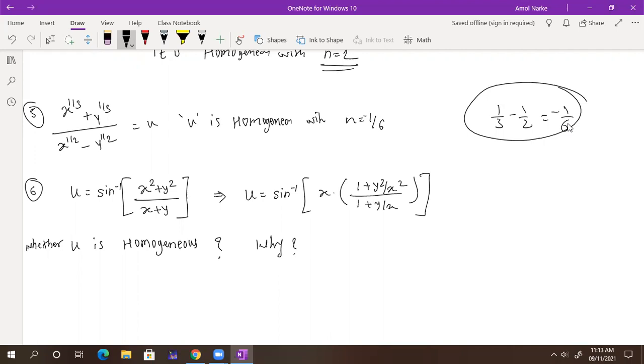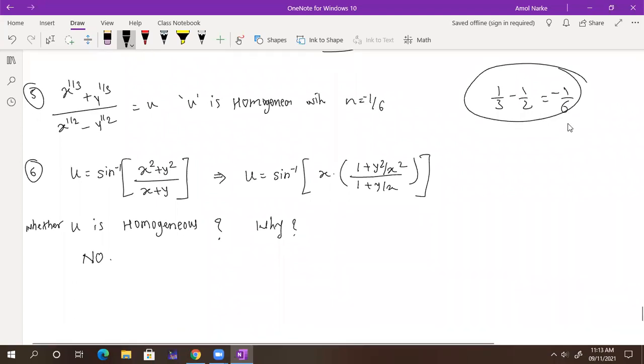Can you take that x outside of sine inverse? No, sine inverse is not a defined function that way. So whether u is homogeneous, the answer is no. Got it, everyone? Yes, sir.